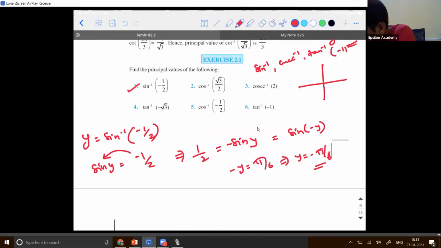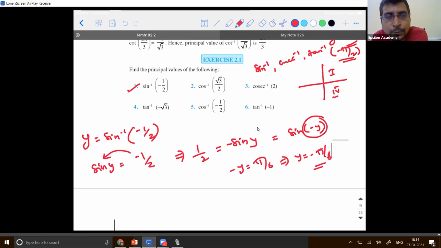For all these, it is between minus pi by 2 to pi by 2. Minus pi by 2 to pi by 2 falls in which quadrant? They fall in the fourth and the first quadrant. So in the fourth quadrant, any angle is written as sine of minus theta. That is why I wrote it as minus theta. Had the same question been with cos, then you should have written it as pi minus y.